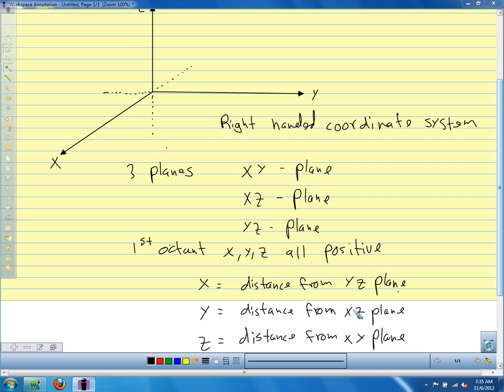All of our properties of vectors extend from the plane to 3 dimensions. So equality, length, unit vector, addition, all the things that we know how to do in the plane with vectors transfer directly over into 3 dimensions. There's really nothing different other than adding another component.